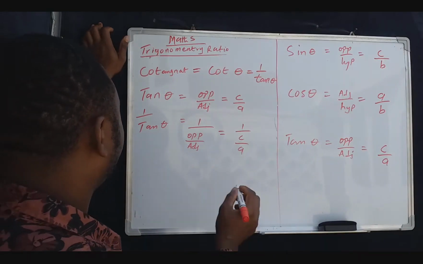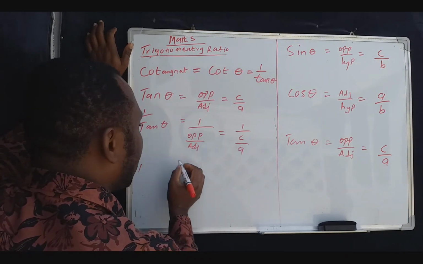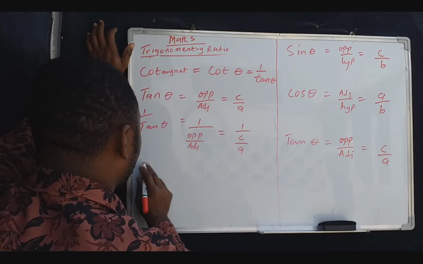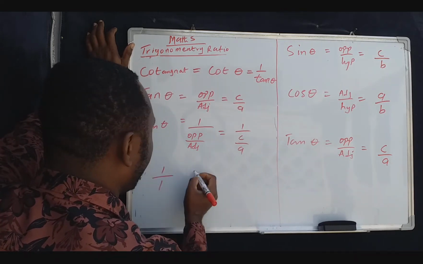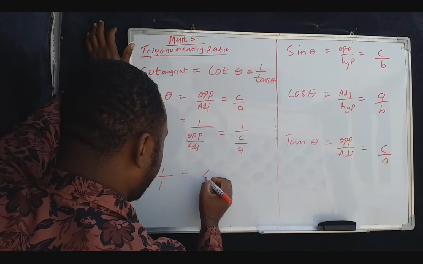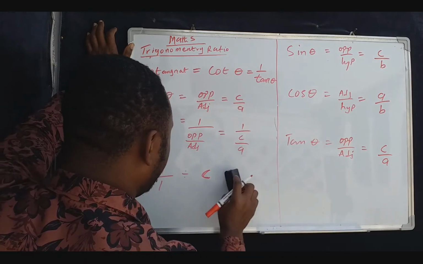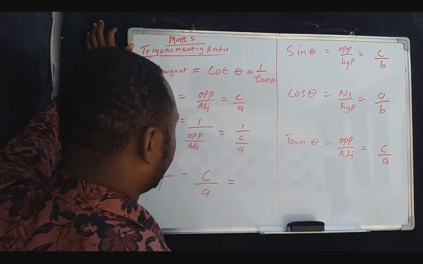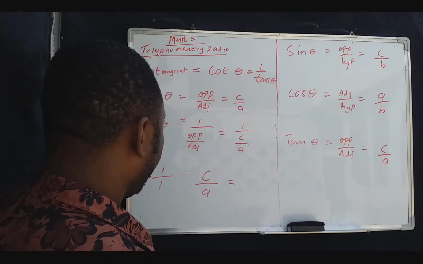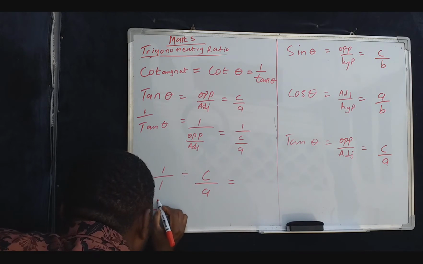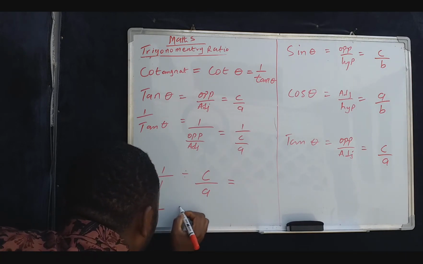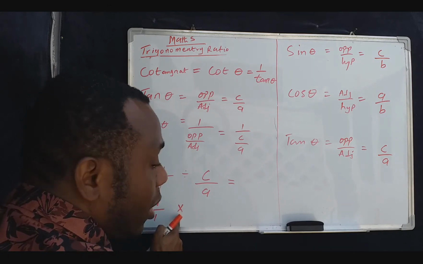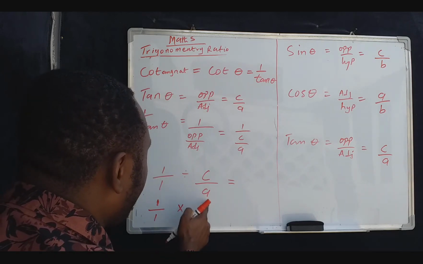Are you getting it? Now, we bring it here: 1 over 1 divided by C over A. Whenever division turns to multiplication, this one is going to go up and this one is going to come down.